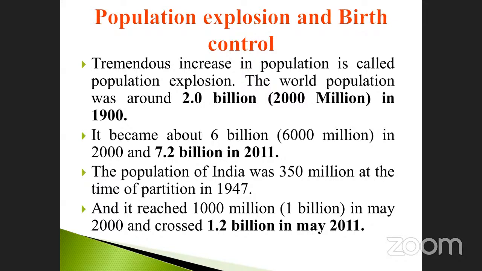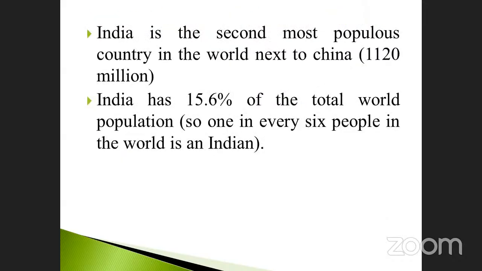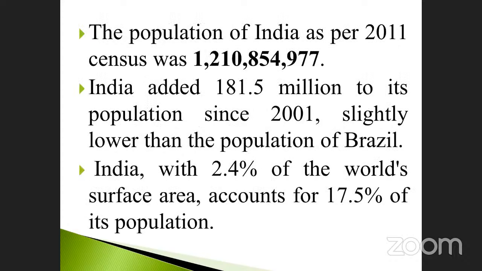Imagine. Okay, see that. India is the second most populous country in the world, next to China. China has 1,120 million. India has 15.6% of the total world population. So one in every 6 people in the world is an Indian. This is very, very important. Sometimes they may ask a question: we are in the second place in population.